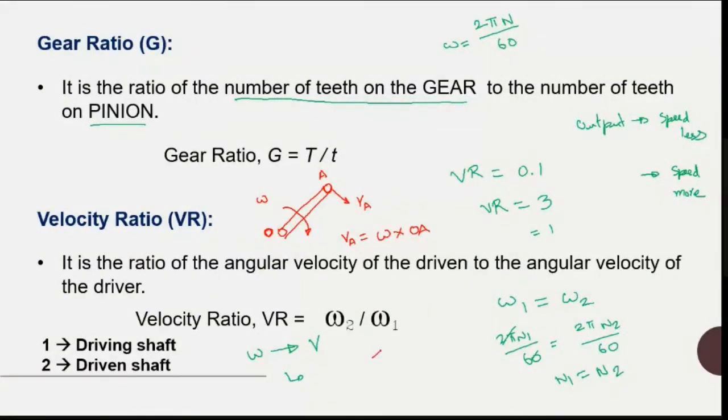Let me consider the same. You have teeth, right? And it is having a circle, right? This is the center point of the teeth. So this is my linear velocity when this gear is rotating. Okay. So can you convert your omega to linear velocity?